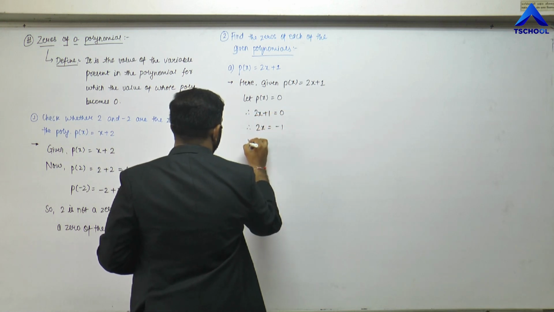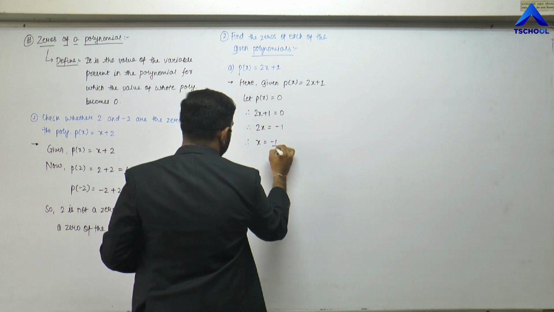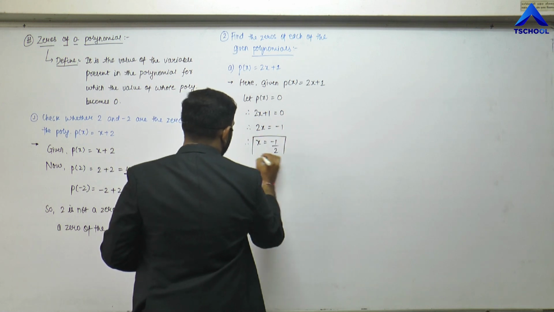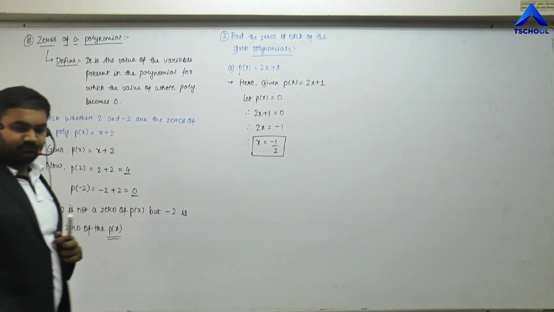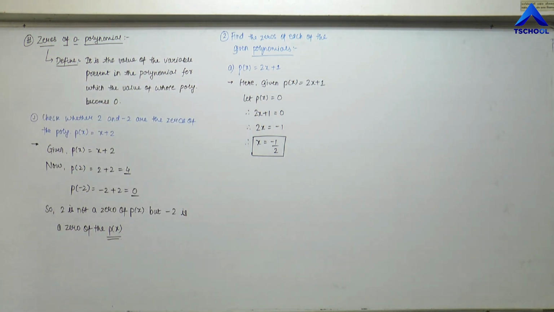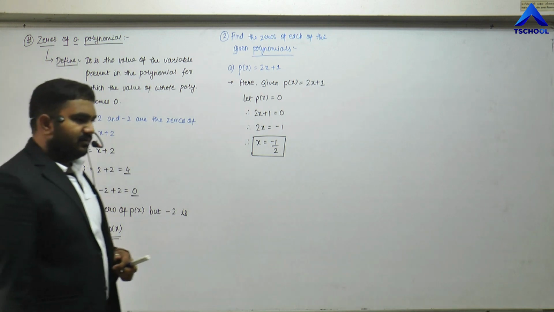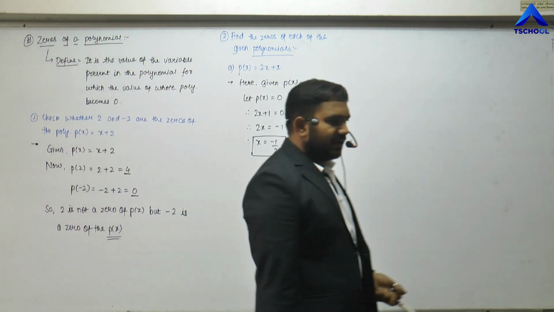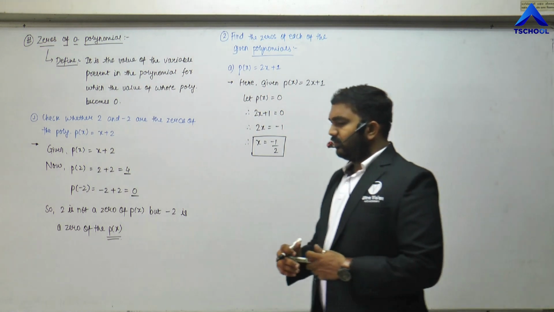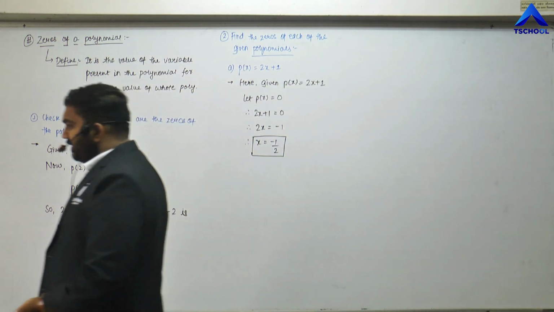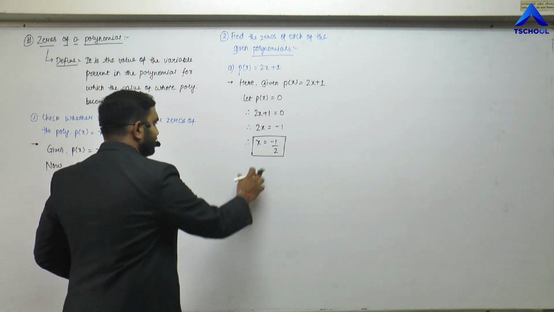Therefore 2x is equal to minus 1, and hence x is equal to minus 1 by 2. See friends, we got the value of the variable x. We needed to find out the value of that variable x. We got minus 1 by 2.